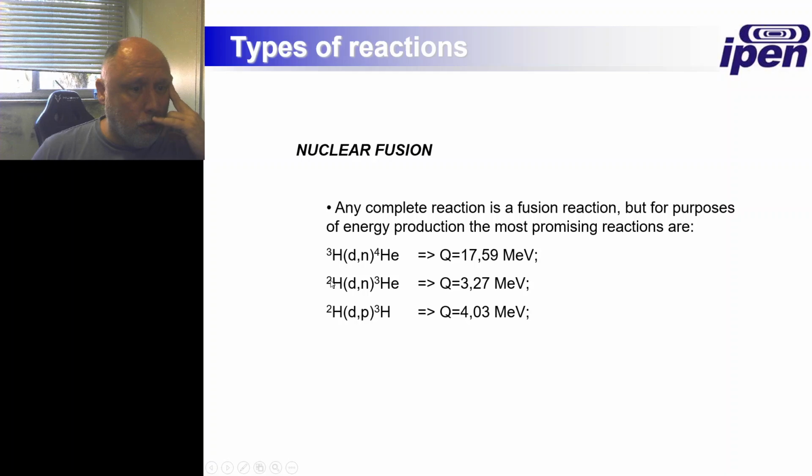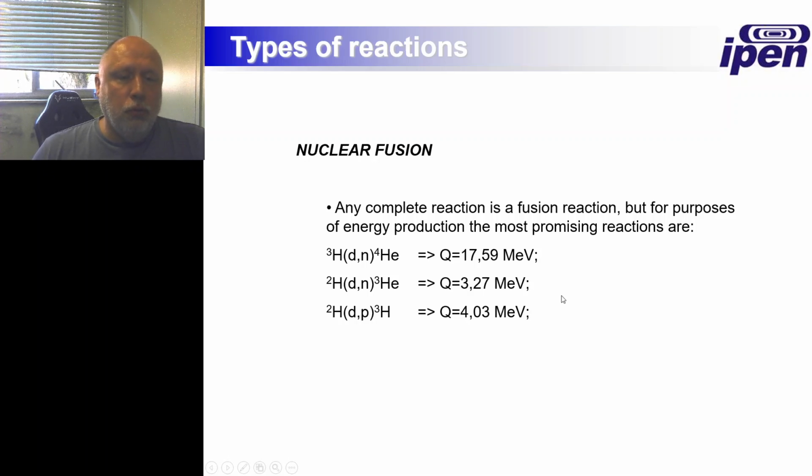You have also here hydrogen 2, which is deuterons, which are more common, when they interact with other deuterons. This is the case for these two reactions. You can have two things happening. You can have a neutron leaving and you're left with helium 3, which is a stable isotope of helium, right?